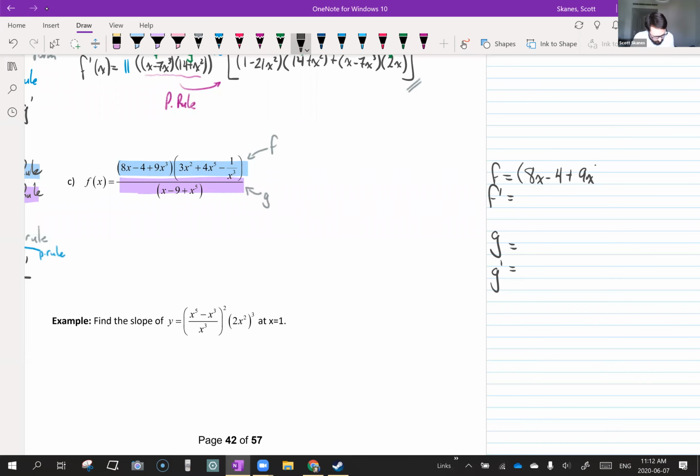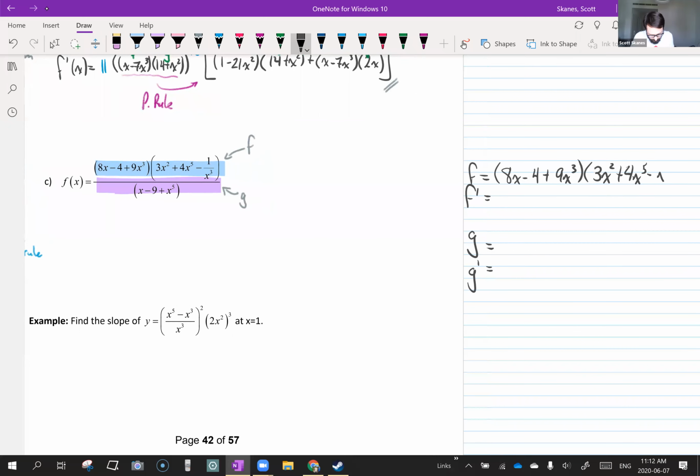This is the biggest question probably in the course for derivatives. I would never ask it on an assignment or a test, but it's important to at least know how it would be done because it makes sure you know how to do product rule and quotient rule. So I've written the top. Notice that I rewrote this as this, just to make it easier, powerful.